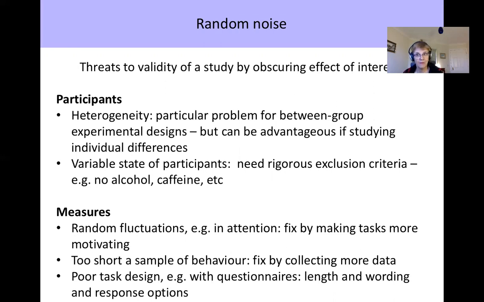So you can't say heterogeneity is always bad or always good. It also depends on who you want to generalize to. But essentially, you have to think through what you're doing and not just go with what everybody's done before. And of course, then you can have participants in variable states. You may want to exclude people who've been drinking or having too much coffee. It depends what you're measuring.